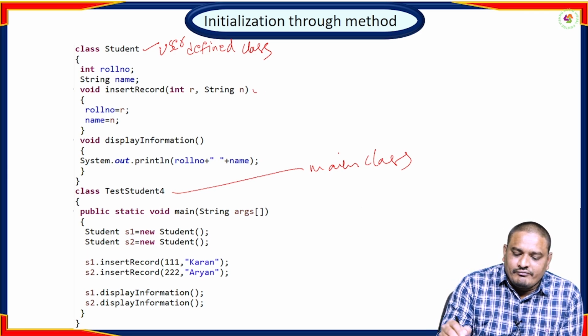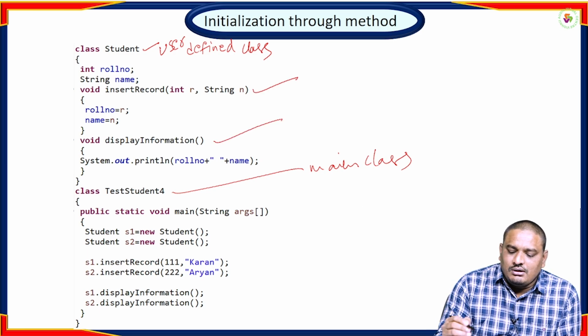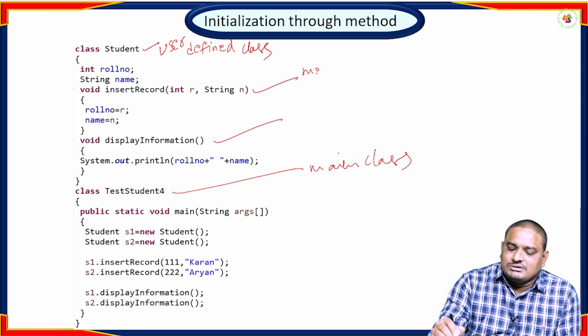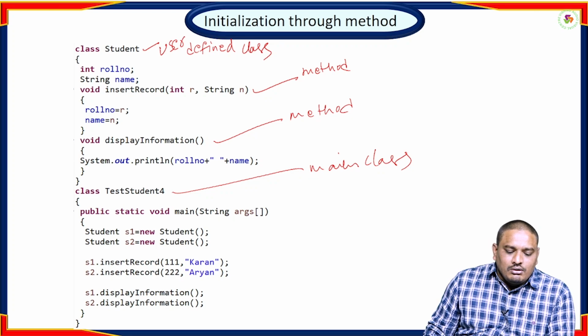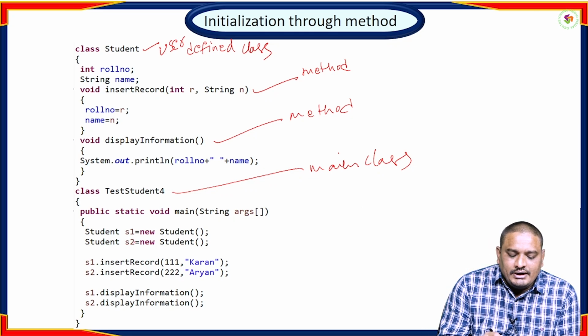Here is the first method, this one is the second method. This is called a method, and this one is also called a method. Now we can create some objects.